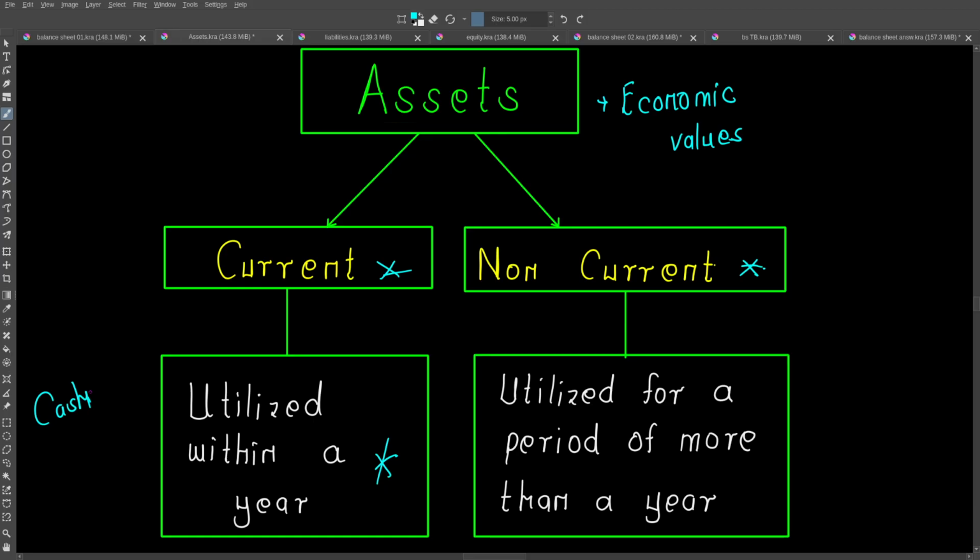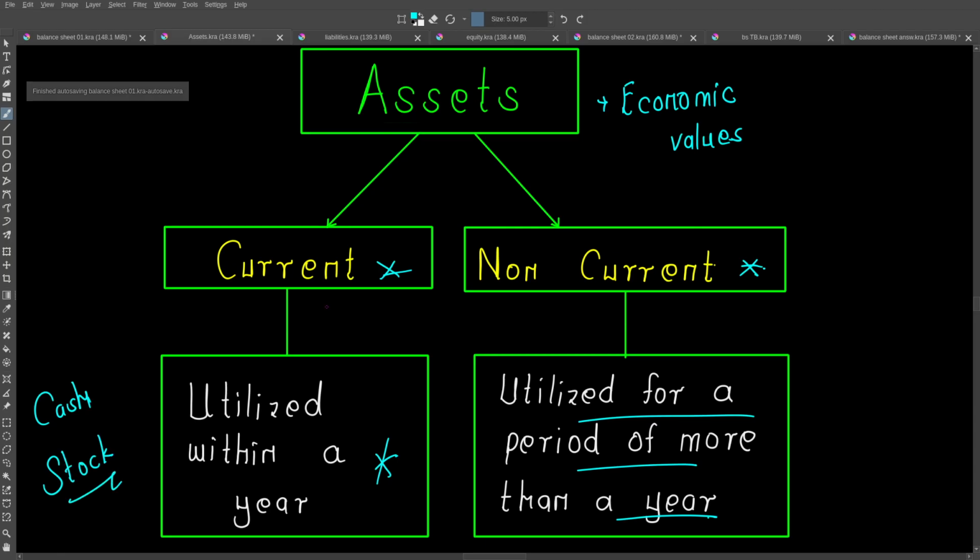But non-current assets are assets that are expected to be utilized for a period of more than 12 months. For example, if you go buy a motor vehicle, and your business is not one of buying motor vehicles to sell. If you're buying these motor vehicles to sell, then that is what we call stock, or rather inventory, and that lies under current assets.